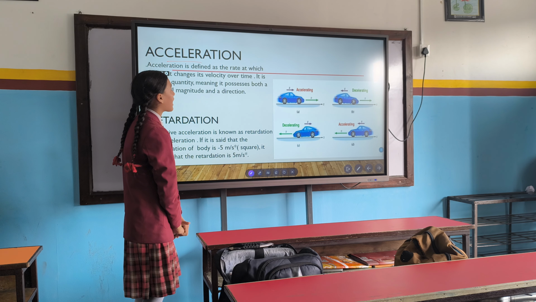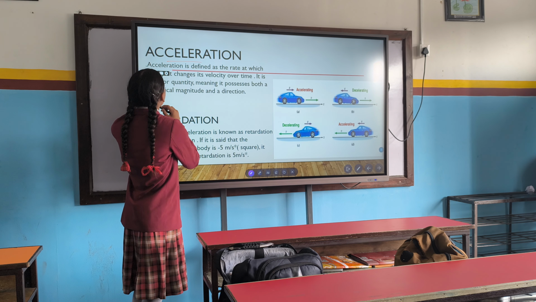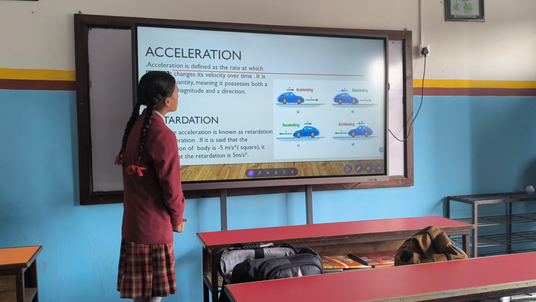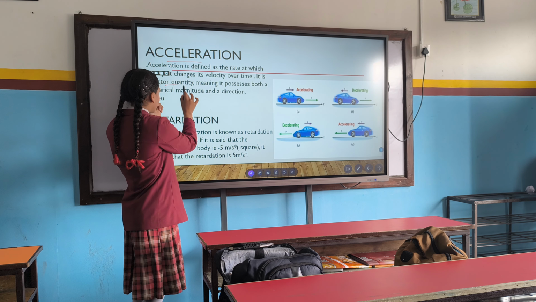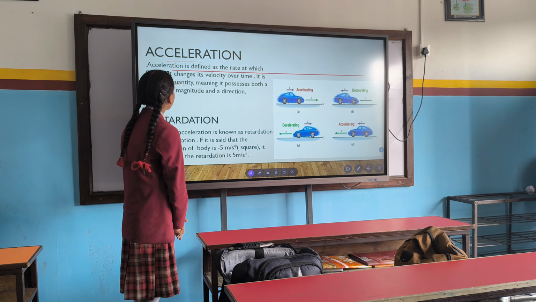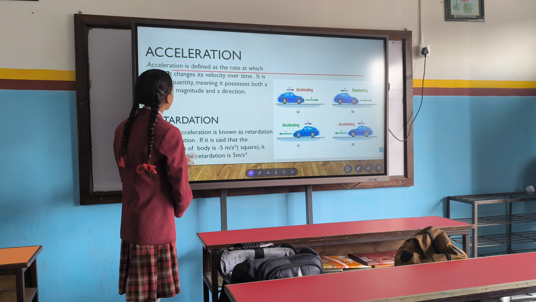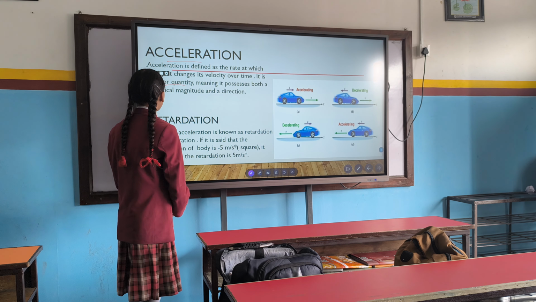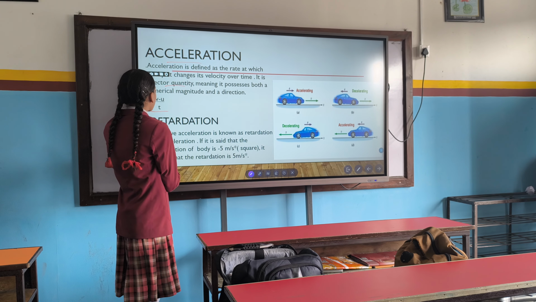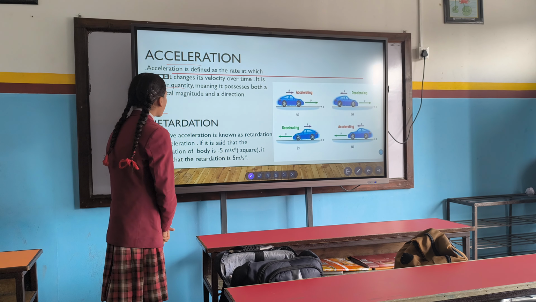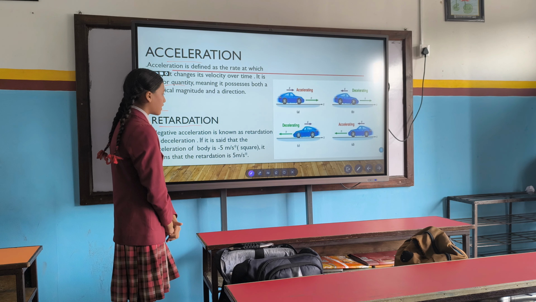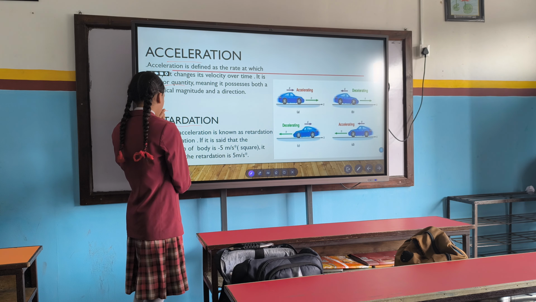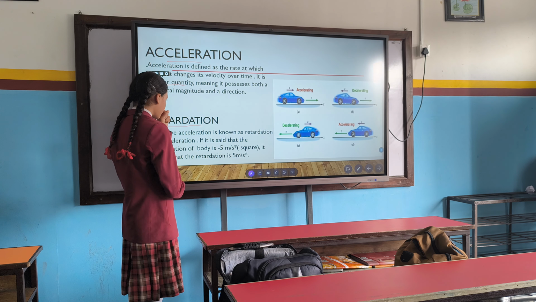Acceleration is defined as the rate at which it changes its velocity over time. Acceleration is a vector quantity, meaning it possesses both a numerical magnitude and direction. Its formula is v minus u by t.